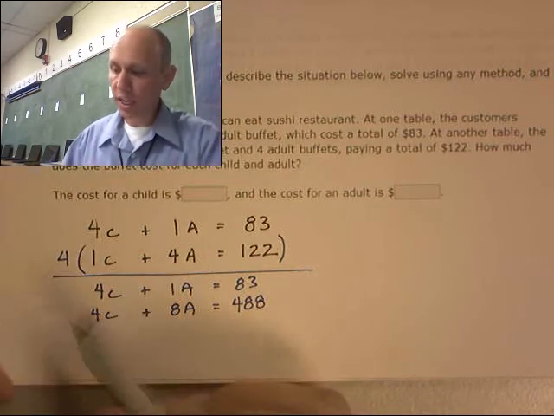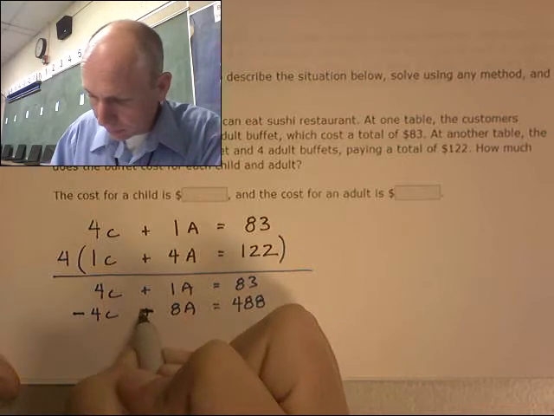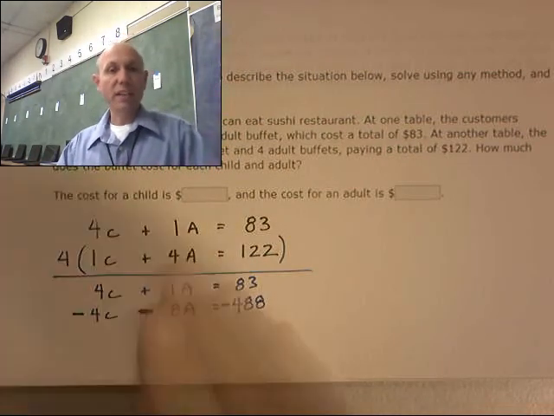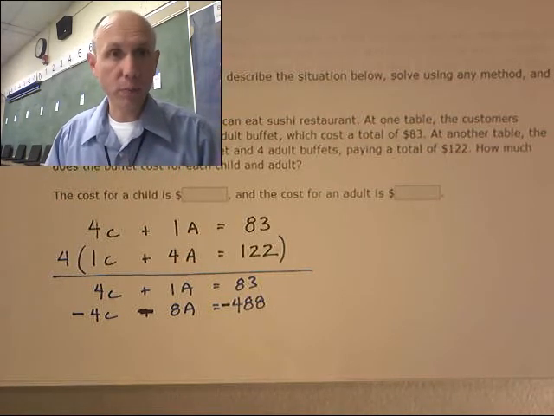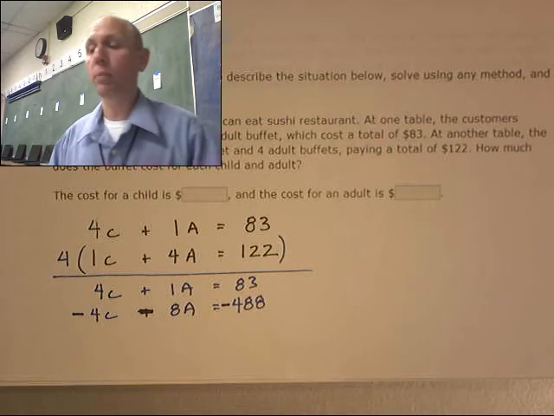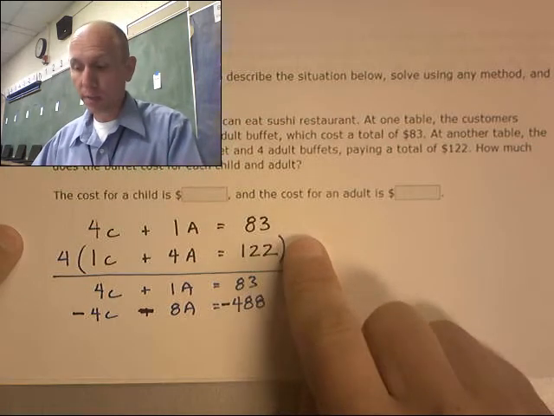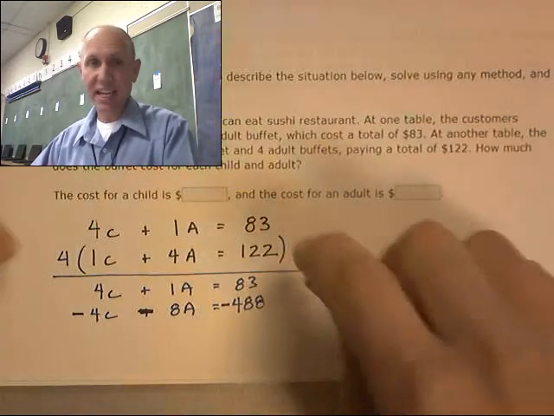I'm going to change the signs on this one. I would now do my elimination, and I would solve it for the price of a children's meal and the price of an adult meal. I'm not going to go any further with this one. The hardest part is just the setup. Reading the word problem, getting out the information, creating your system.